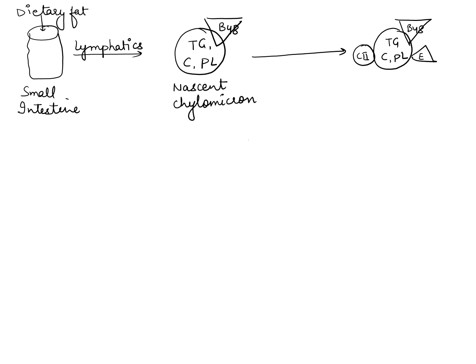And this ApoE and ApoC second come from the HDL. So now this is mature chylomicron. So the second step is formation of mature chylomicron.